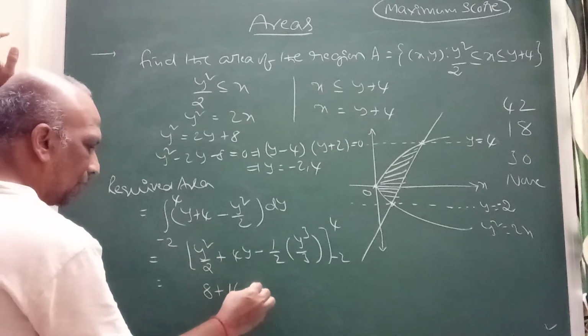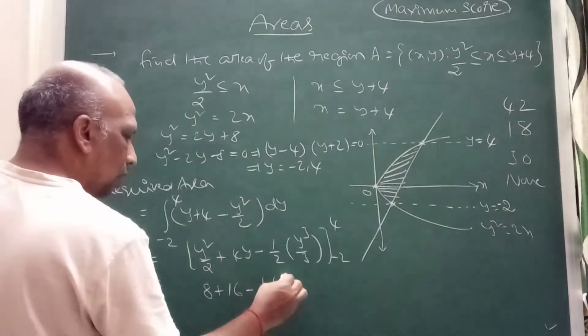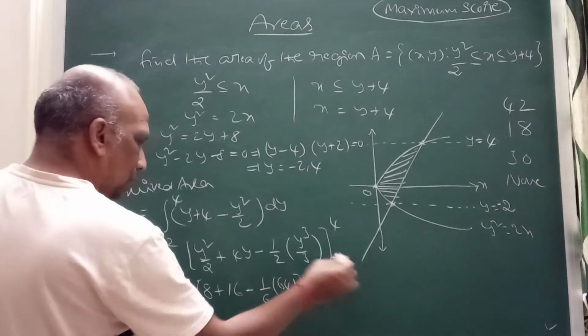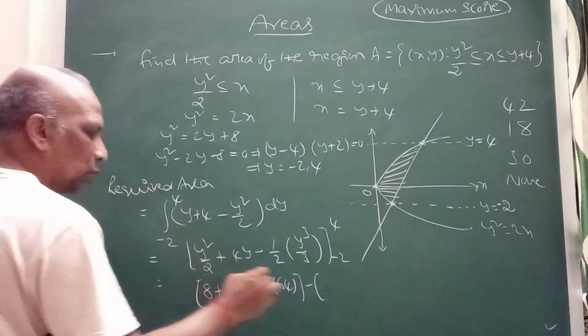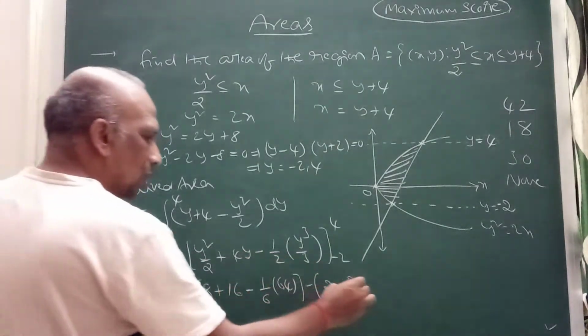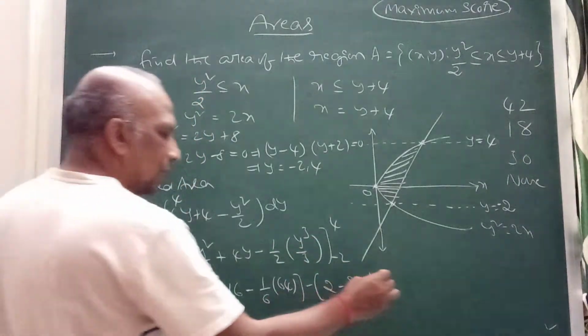I can write minus 1 by 6 into y cube, 4 cube, 64, minus the lower limit: minus 2, 2 by 2, minus 2 whole square 4 by 2, 2, it will come minus 8. This is minus 1 by 6 into minus 2 whole cube, minus 8.